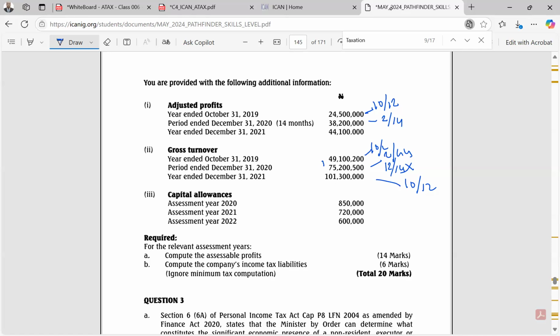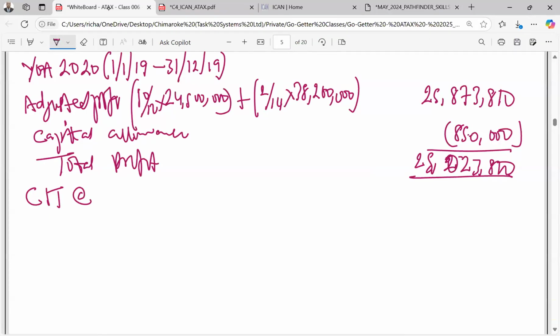Ten over 12 and 100,200. Yes, plus that's 51 million, so that's 20% times 2 at 20%. So look for 20%. And let's see.